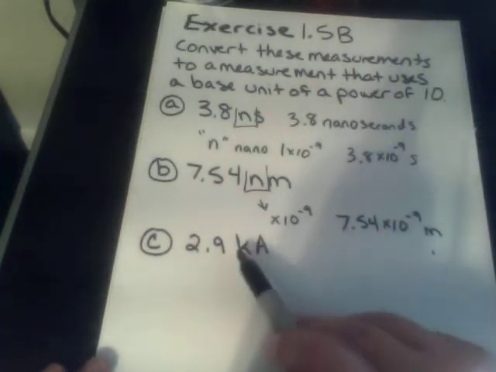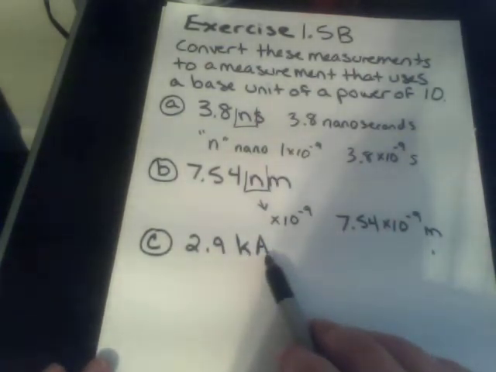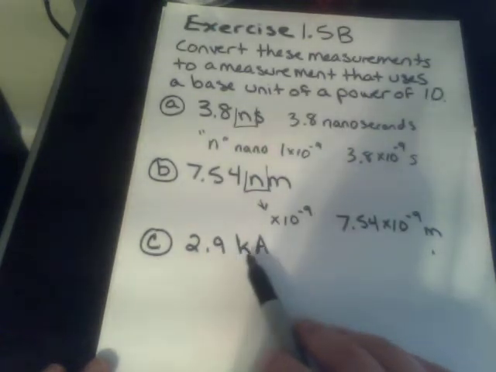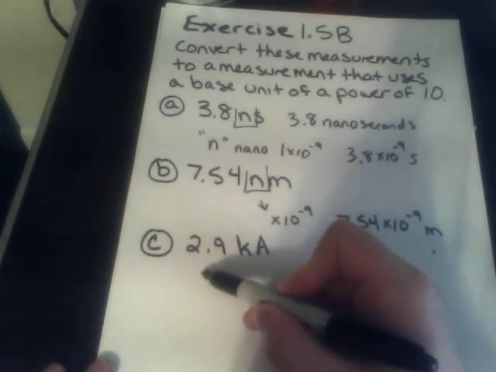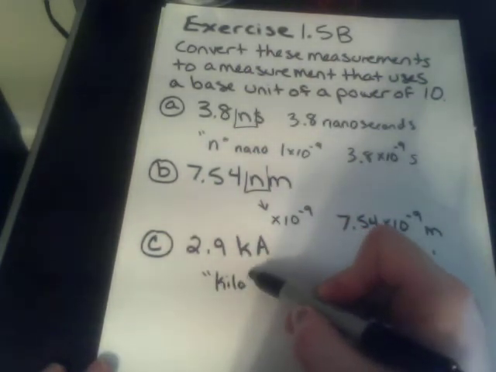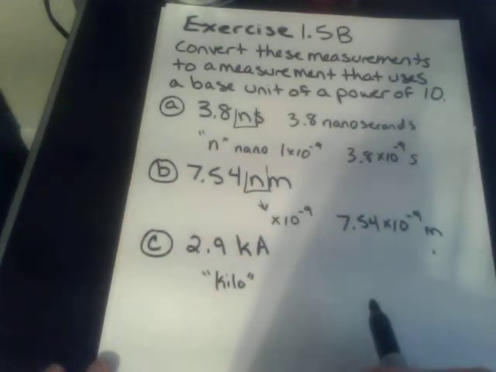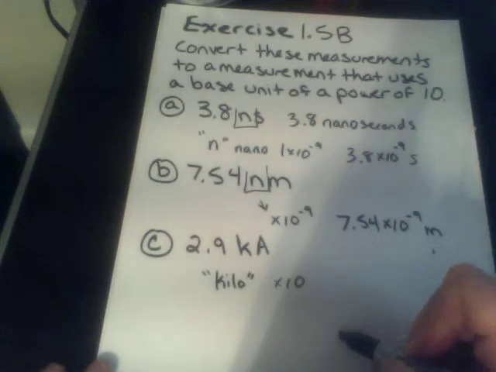Down here, we have 2.9, a little k, and then A for amperage, right? So 2.9 k amperage. What does the k mean? We look it up, and k means kilo. And that also means times 10 to the third.